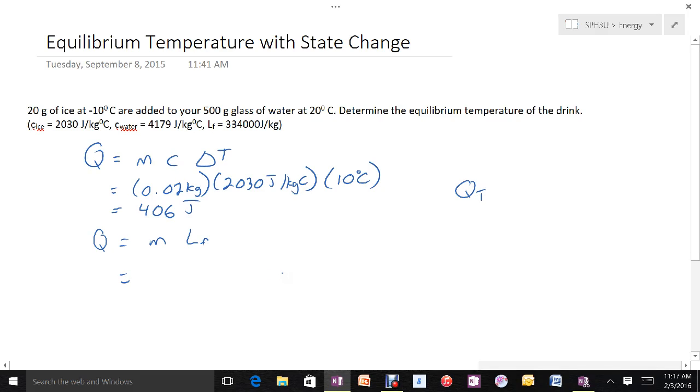And now the ice is up to 0 degrees, so now we can melt the ice. Again, in kilograms.